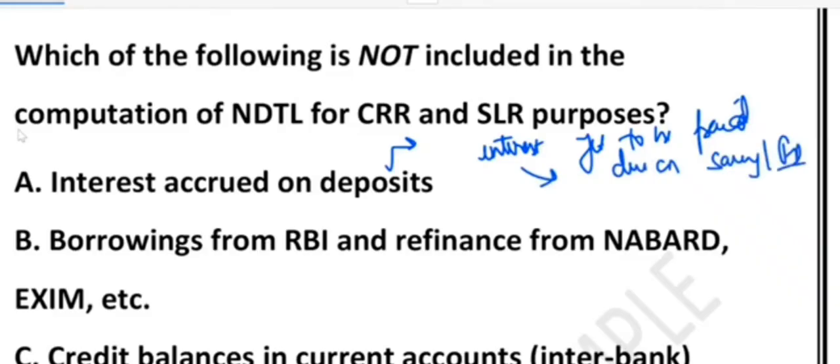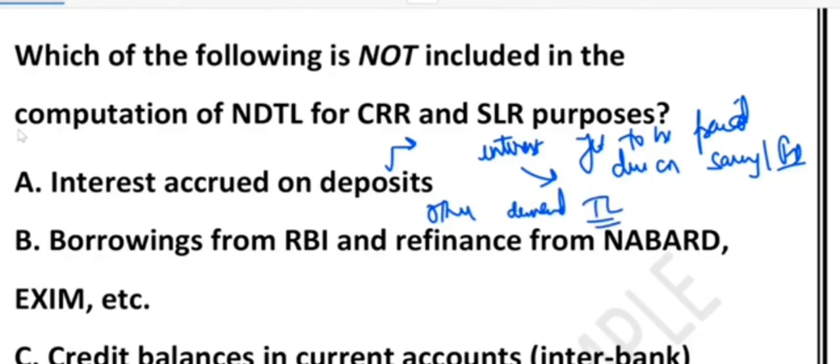So even though the customer has not withdrawn it, the bank owes it. So it is a kind of liability. And yes, it is included in the NDTL as other demand and time liability. Yes, in the section other demand and time liability, other DTL, this particular interest accrued is included.